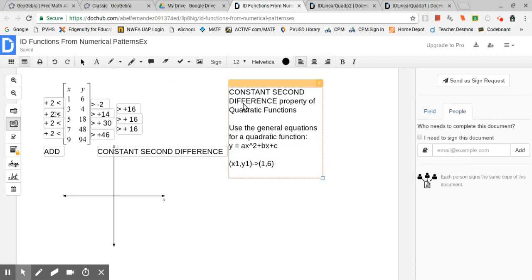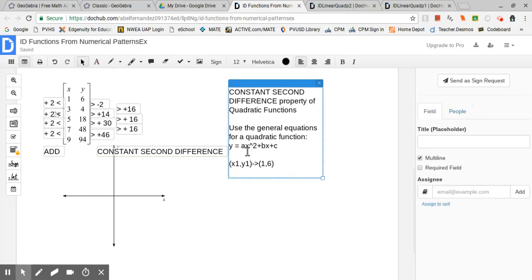You have 3 unknowns, A, B, and C. So you need 3 equations. In order to create 3 equations, you need 3 points. That's why we have x1, y1, x2, y2.